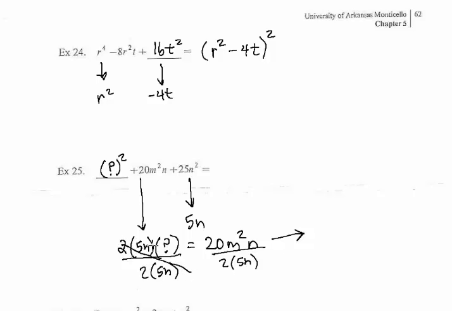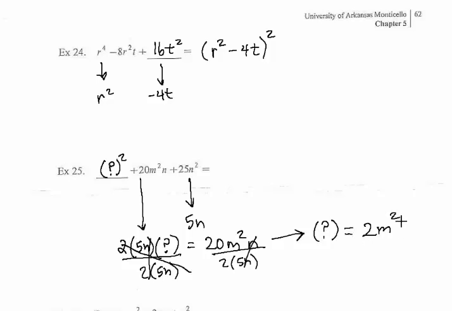The 2 and 5n cancel out, and so we see that the question mark equals 2 times 5 is a 10, and we're dividing 20, so we get a 2, and then the n's cancel, leaving an m squared.